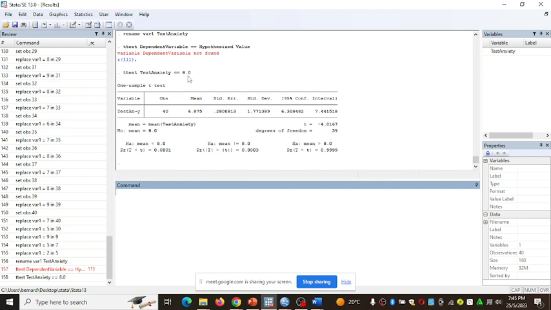And we have the observations here. We have the test values here. This is the mean for test anxiety. It is 6.875.